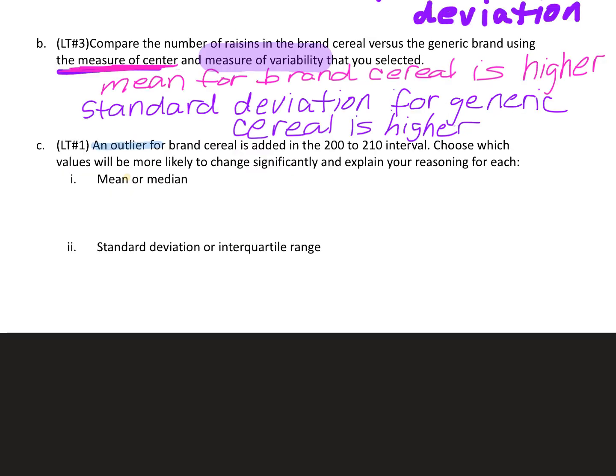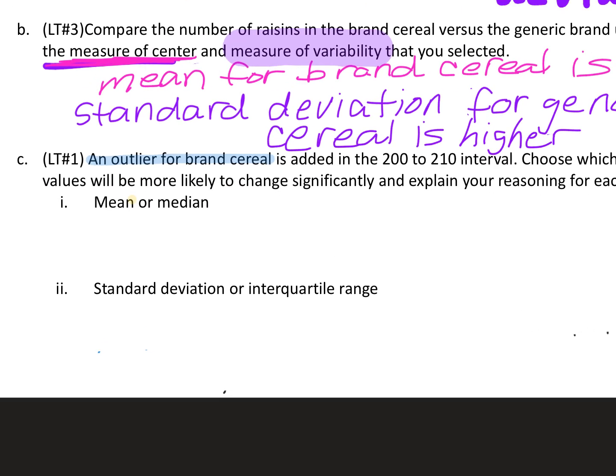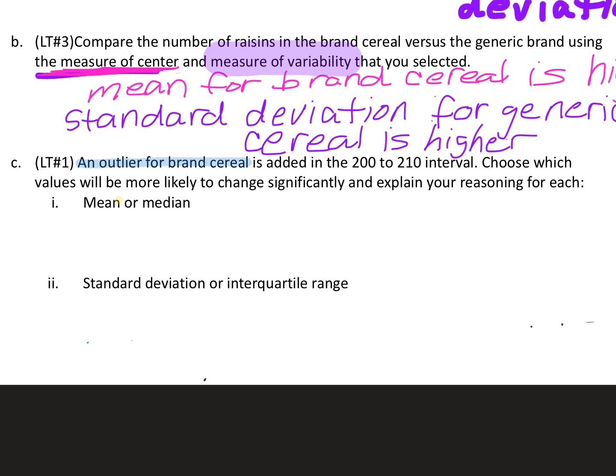Part C says that an outlier for the brand cereal is added. So remember this important fact about outliers. Outliers skew the mean. So the outlier would most likely change significantly the mean.